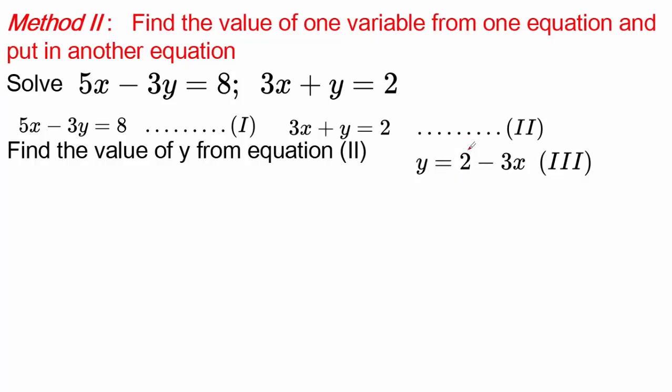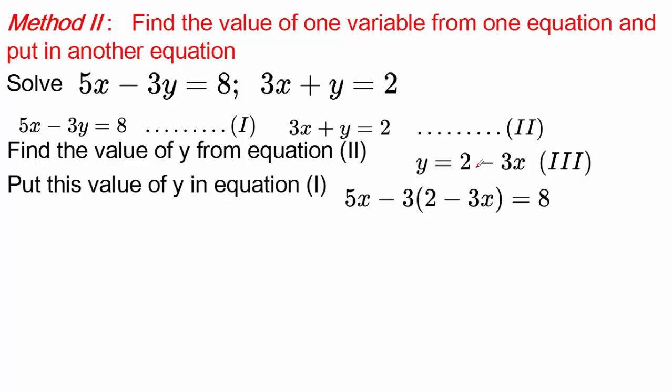This value of y we shall substitute in equation 1, and we will get 5x minus 3 into (2 minus 3x) equals 8. If we simplify this bracket, we will get 5x as it is, 3 into 2 is 6, and minus 3 into minus 3x is plus 9x. Therefore, we get 5x minus 6 plus 9x equals 8.